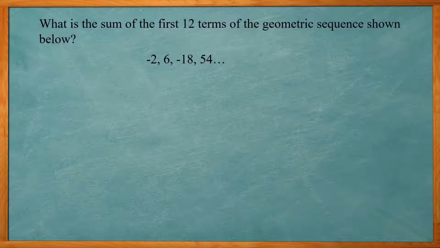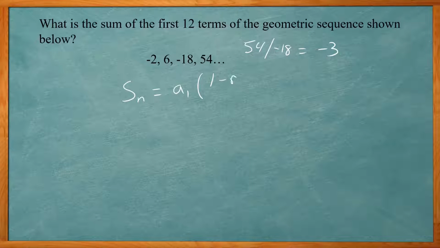Alright, and this problem says, what is the sum of the first 12 terms of the geometric sequence shown below? Okay, so first we need to find our common ratio. We just take the 54 and divide by negative 18. This will give us negative 3. We're doing a summation, so this is S_n equals a_1 times 1 minus r to the n over 1 minus r.